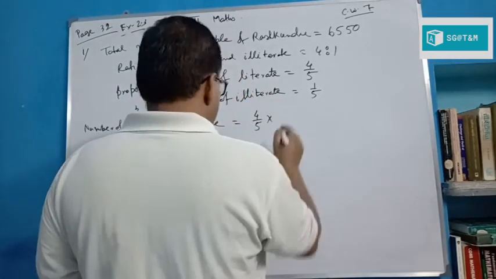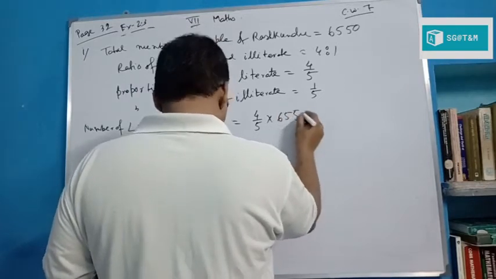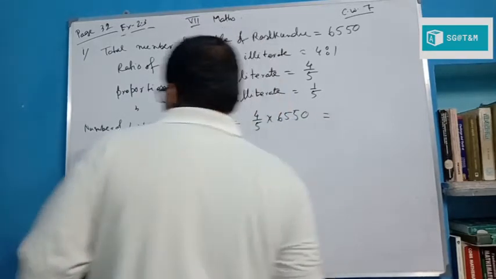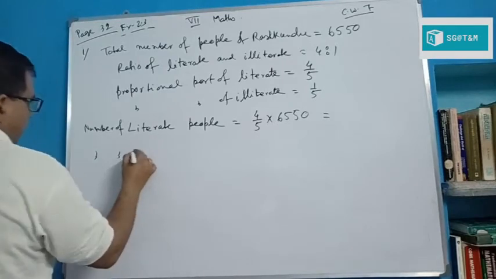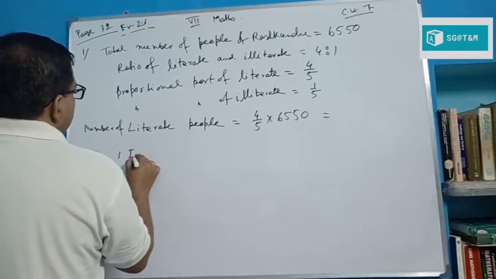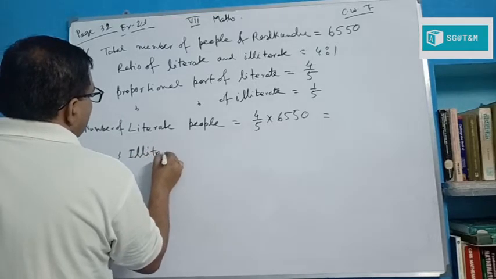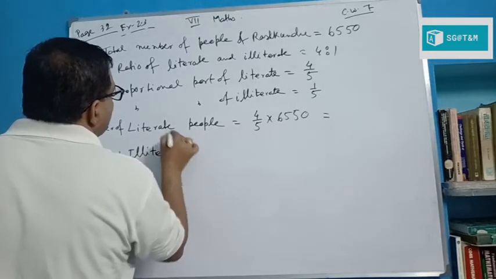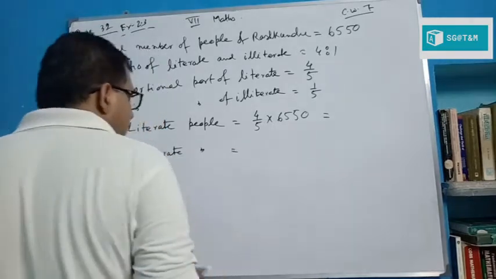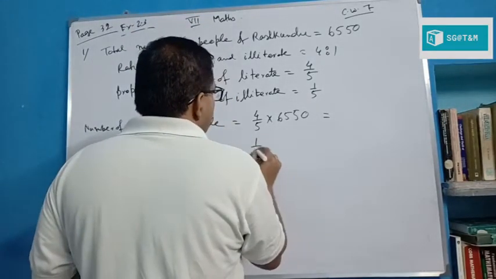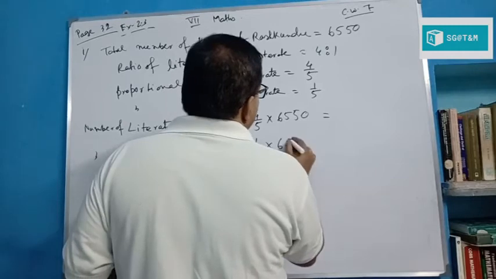The total number of people is 6550, and for the number of illiterate, the proportional part is 1 by 5 multiplied with the total.